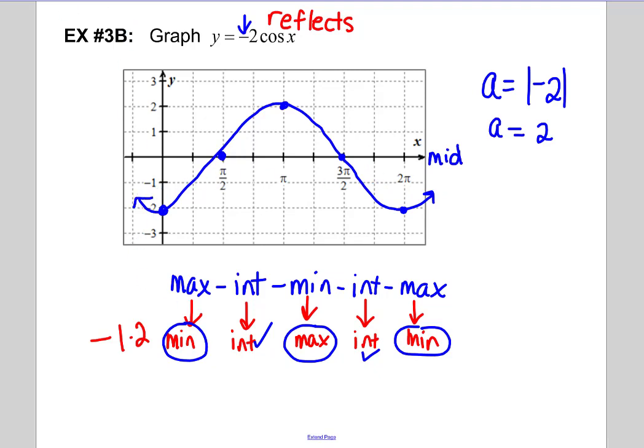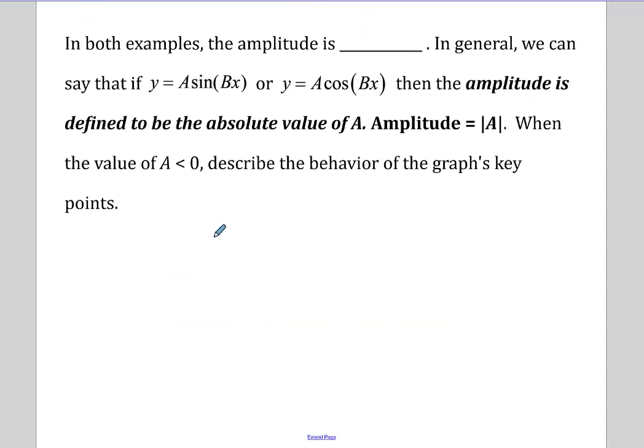Okay, in both examples we saw the amplitude was 2, and in general we can say if you have a function where there's a number in front of the sine or cosine, then the amplitude is the absolute value. And when the value is negative, how would you describe the behavior?